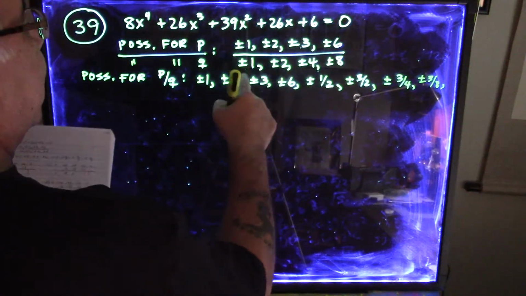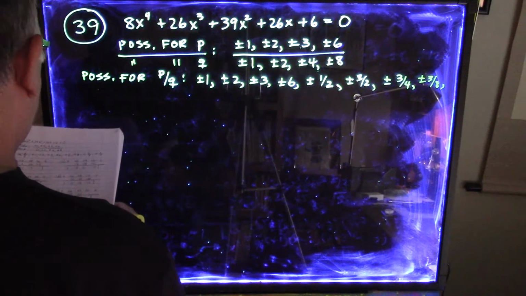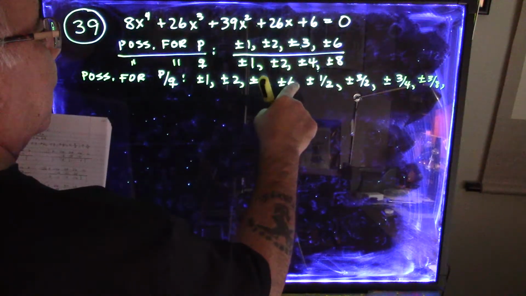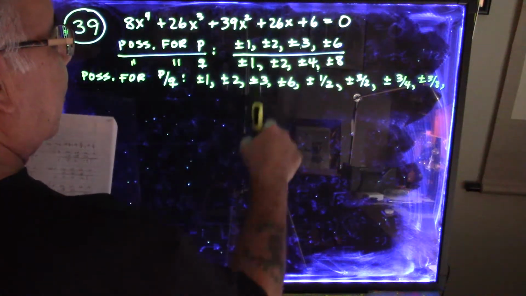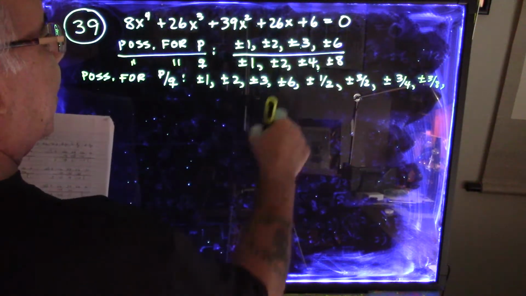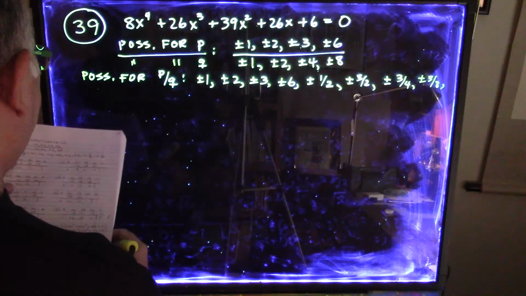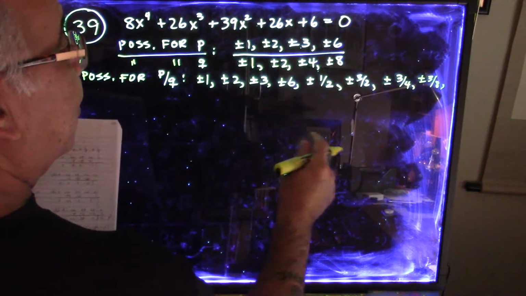Alright, then going to the 6, plus minus 6 over plus minus 1. We already have that. 6 over 2, that's 3, we already have that. 6 over 4, that's 3 over 2, we already have that. 6 over 8, that's 3/4, we already have that.